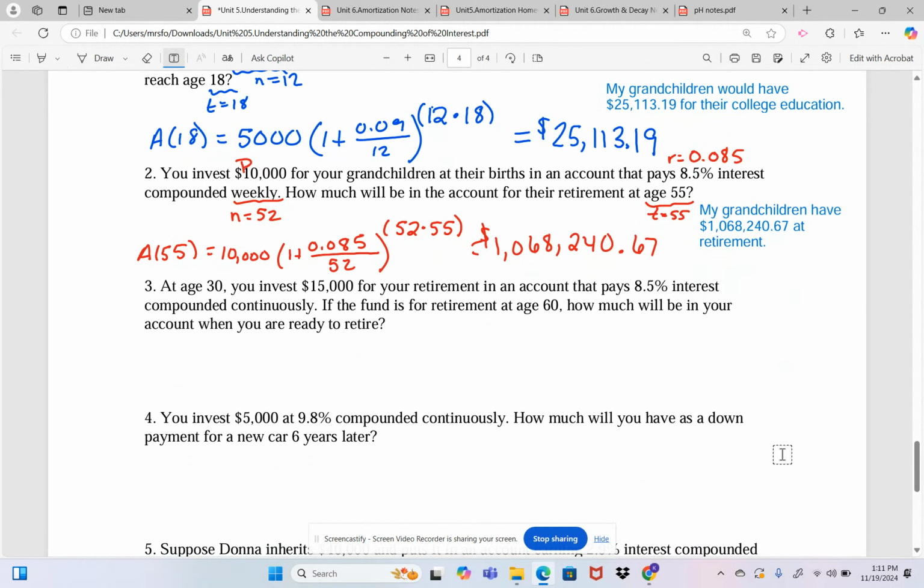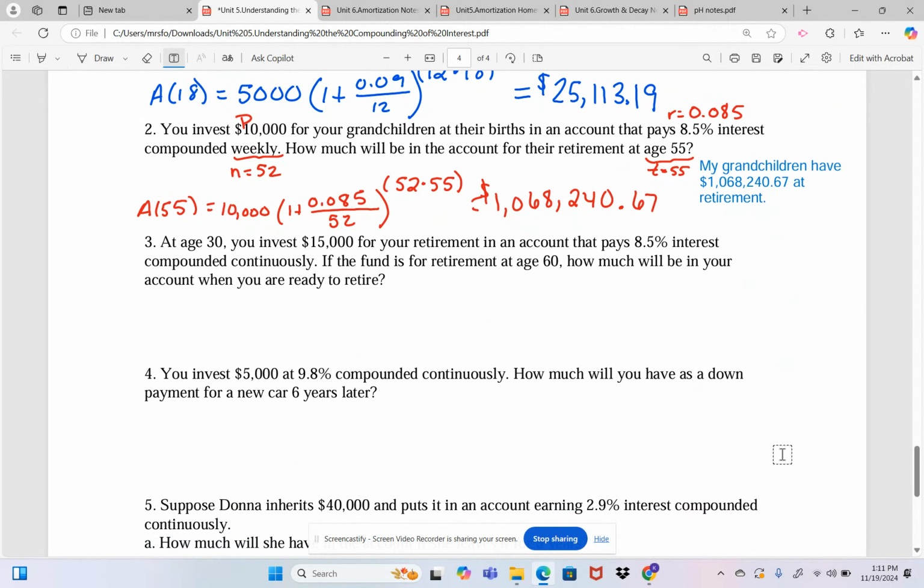Okay, so we'll look at number 3 and number 4, and then we'll go on to the next lesson. So number 3, this one says at age 30, you invest $15,000 for your retirement in an account that pays 8.5% interest compounded continuously.